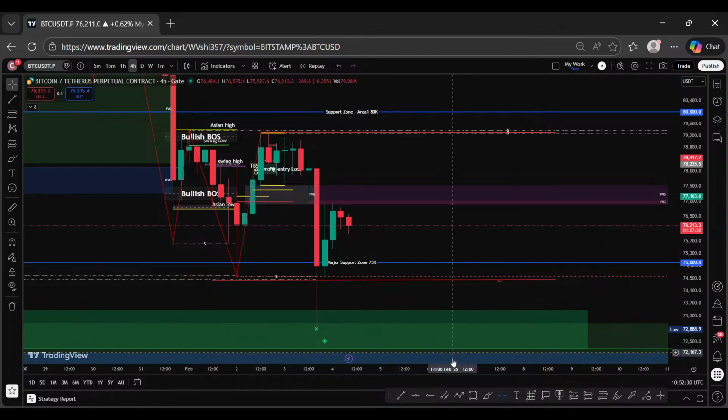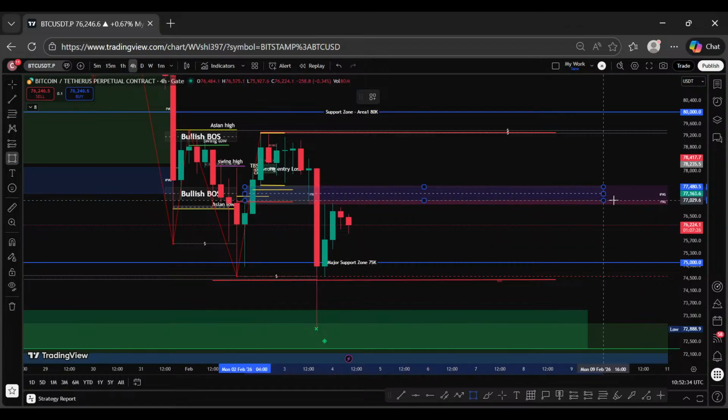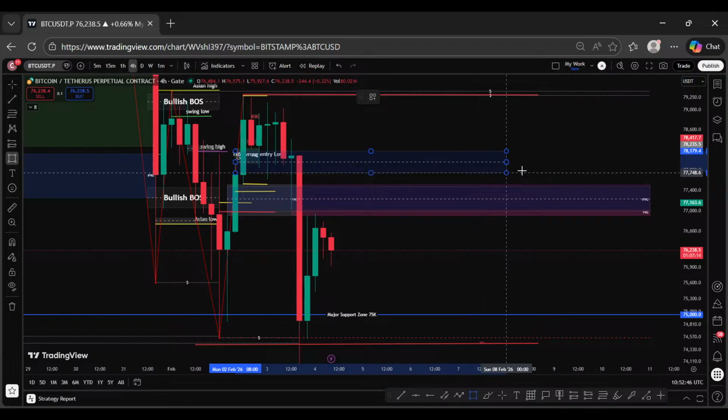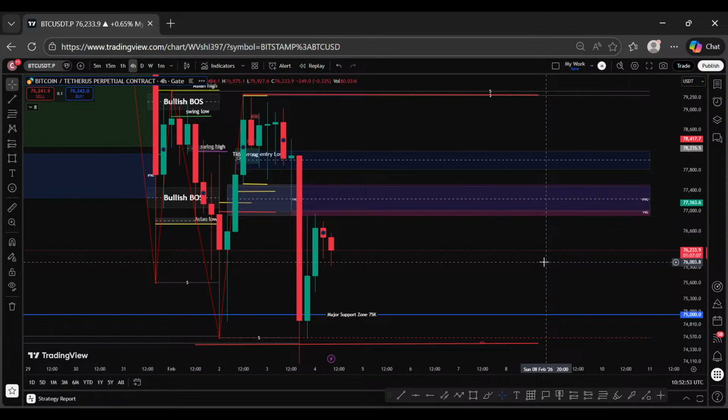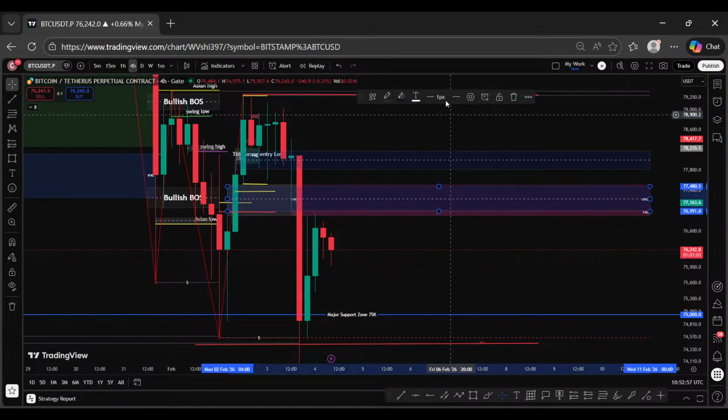And here we can see there's an FVG, the fair value gap, which I have found. This was our previous entry, which I have already made. This is our order block, and this is our fair value gap here.